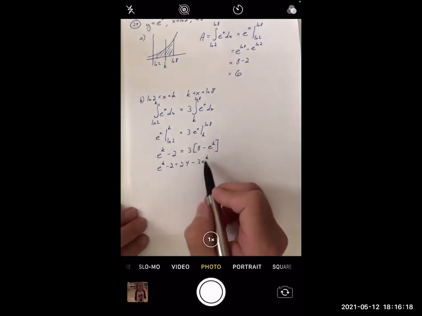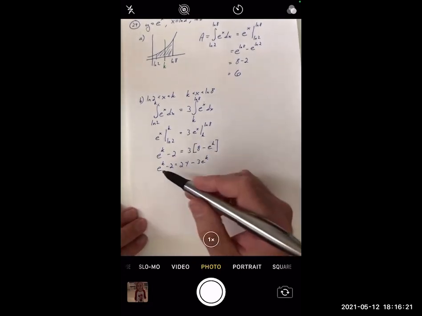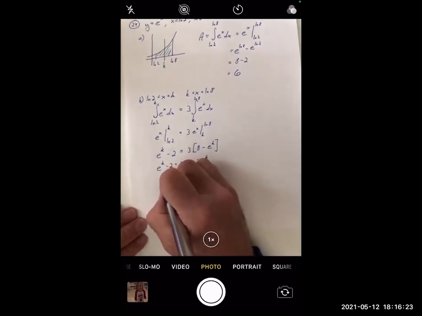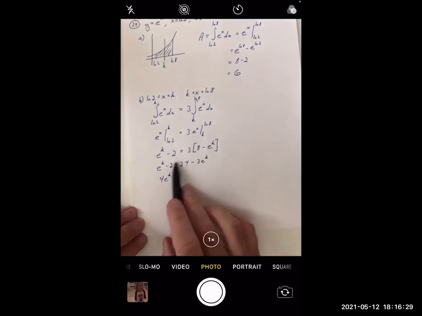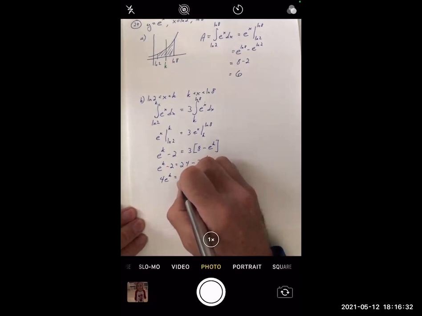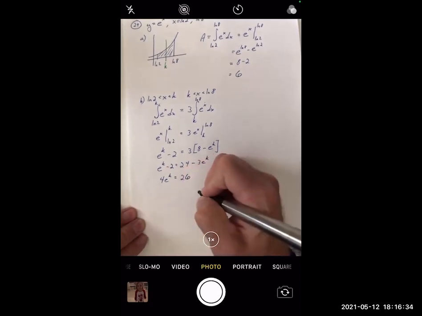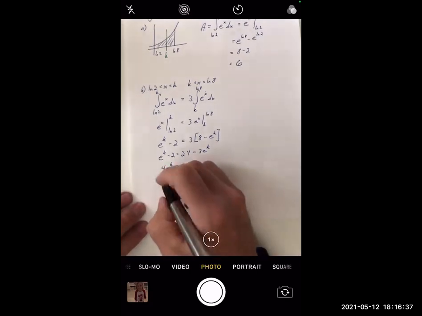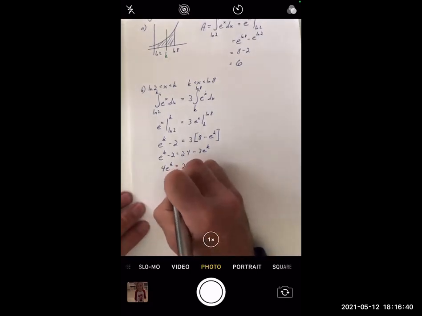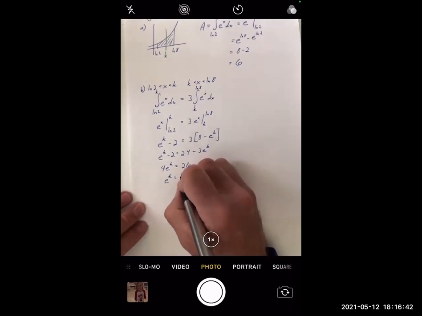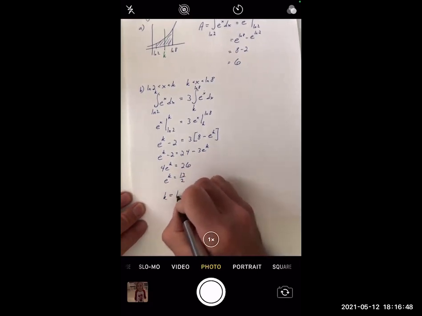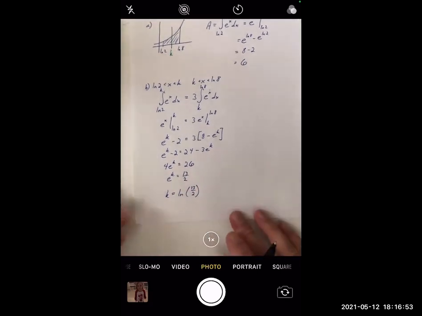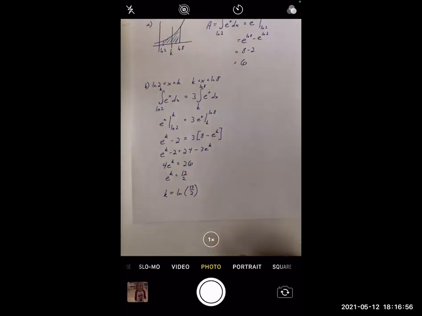You get your k's to the same side, so swing over the 3 to the k, put the 2 over on the right side, divide by 4, reduce it, and then take the ln of both sides. So k ends up being ln of 13 over 2.